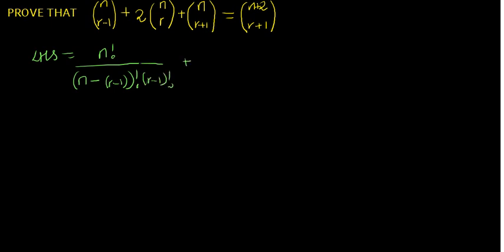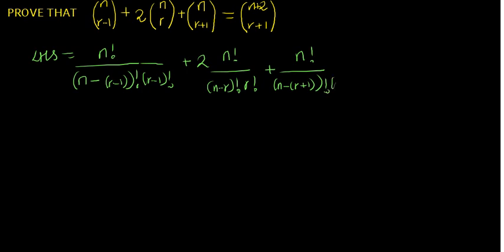And then plus 2, we have got n factorial divided by n minus r factorial, and then r factorial, and then plus n factorial divided by n minus r plus 1. Then we put a factorial, and then r plus 1, so put a factorial there.